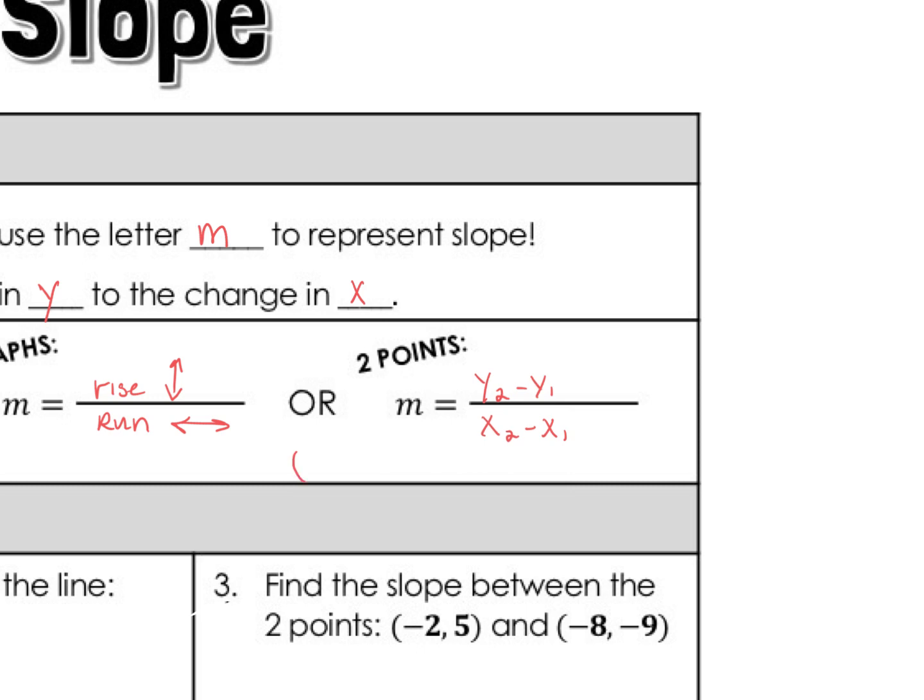So you're going to need 2 points. You need an x1 and a y1 in your first point, and your second point is x2 and y2. And that's how you pull this together with the points.